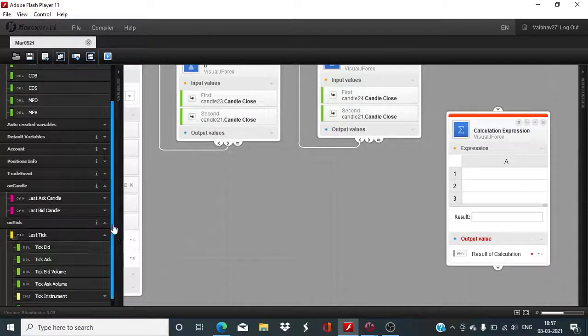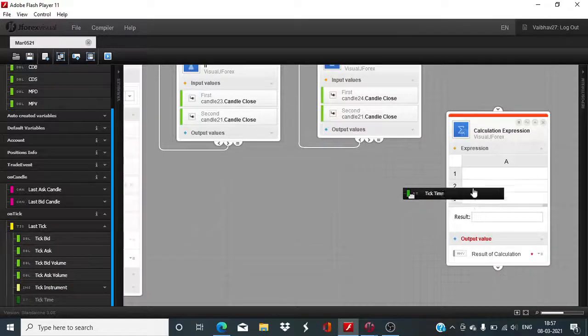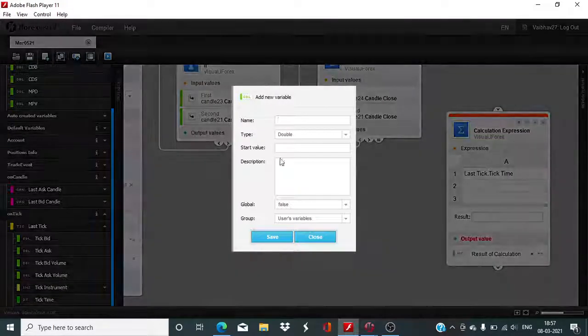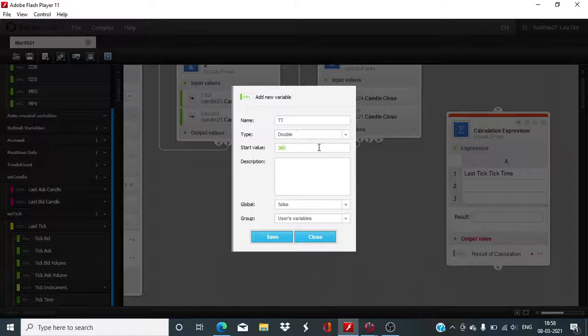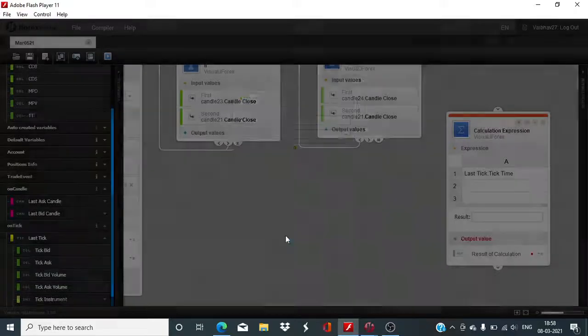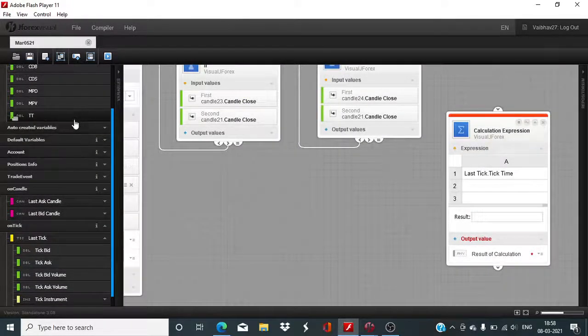So the first is last tick time. Then we will need to create two more variables. One is going to be ticks, so it is 3.6 million. Count the zeros properly. Okay, it looks good to me.